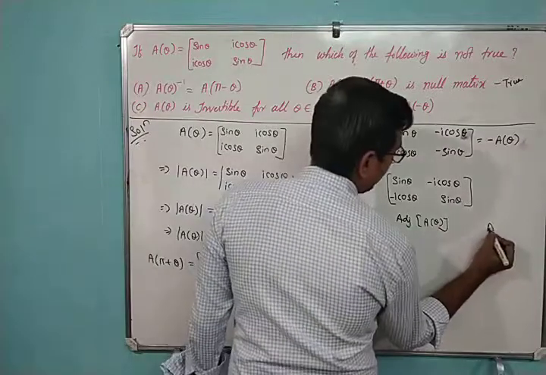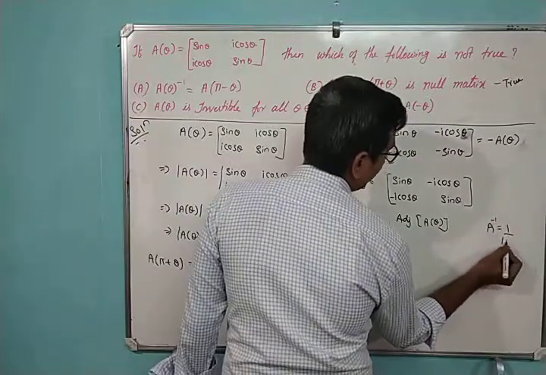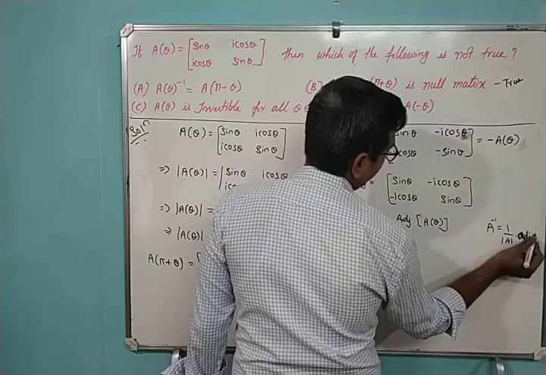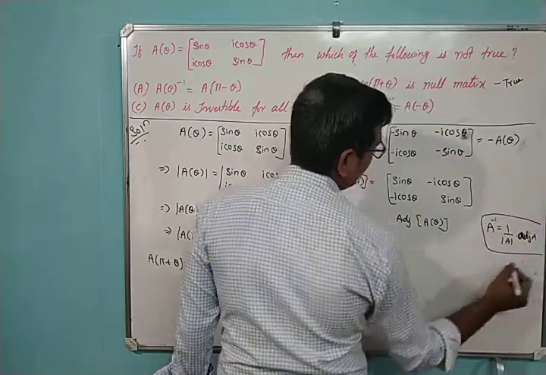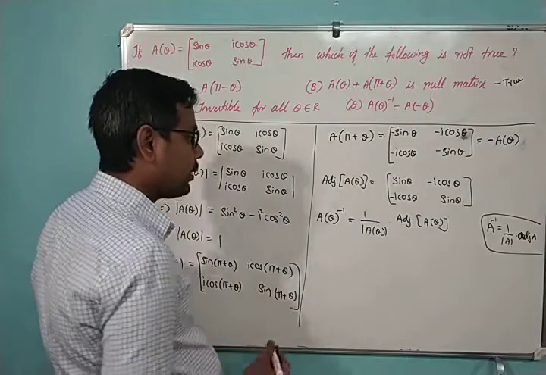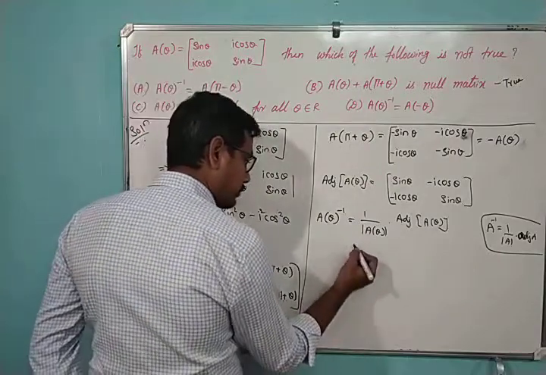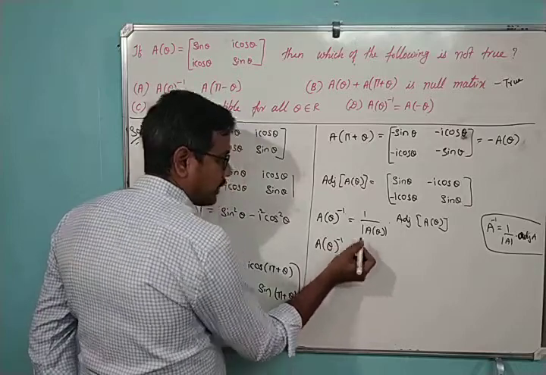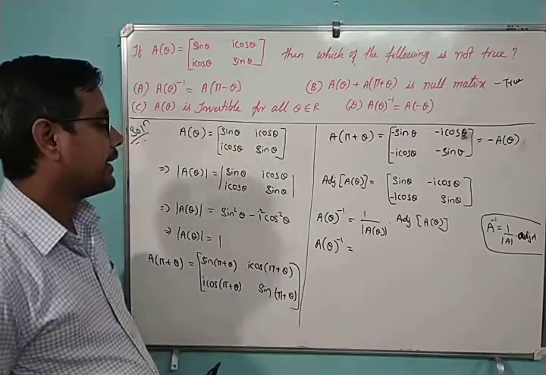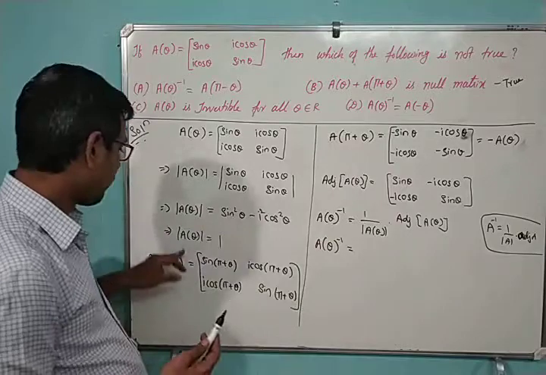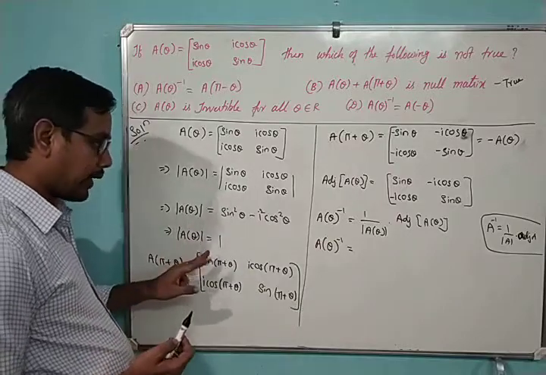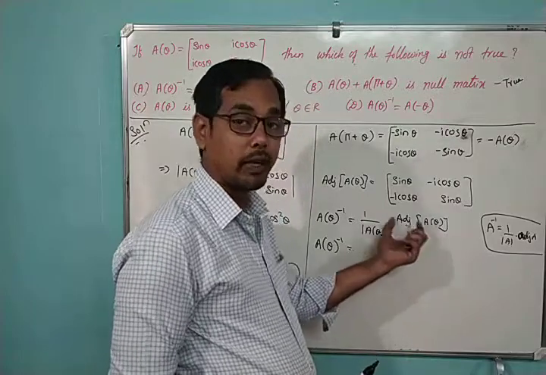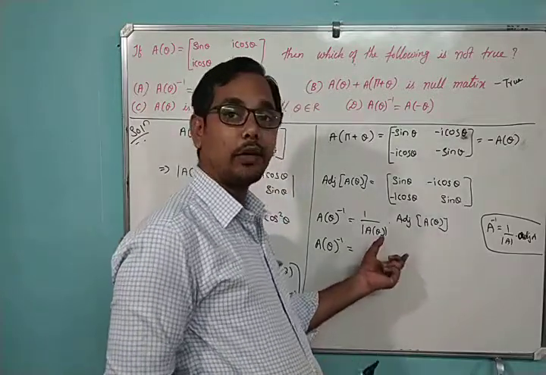Because A inverse is equal to 1 upon determinant A into adjoint A. What is the determinant of A of theta? It is 1. So this entire thing becomes 1, and only the adjoint of A of theta remains on the right hand side.